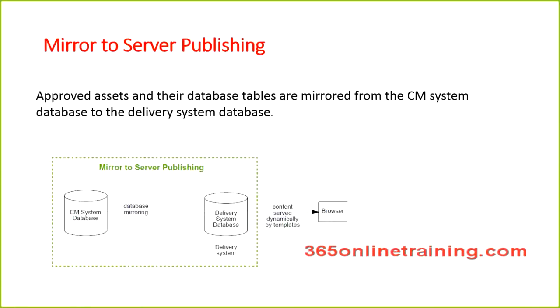In mirror to server publishing, we approve assets and their database tables are mirrored from the CMS system database to the delivery system database. We have tables for all the asset types, right? So if we want to move our data from one system to another, we have to first mirror those tables into our delivery.